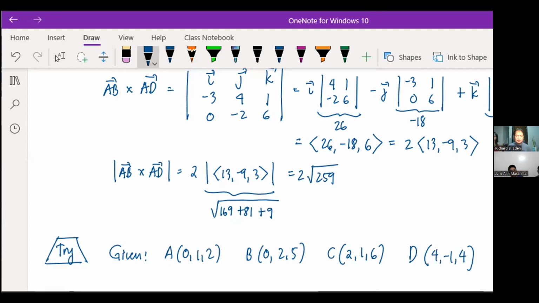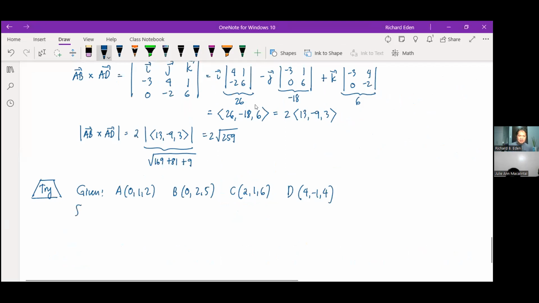Let me check: 0, 1, 2, 0, 2, 5, 2, 1, 6, and then 4, -1, 4. All right, so what we've got to do is the following. Show that ABCD is a trapezoid and then find its area.